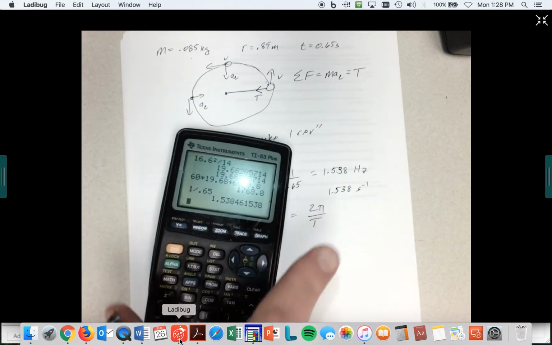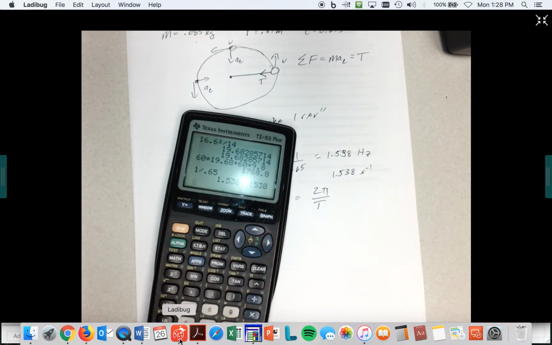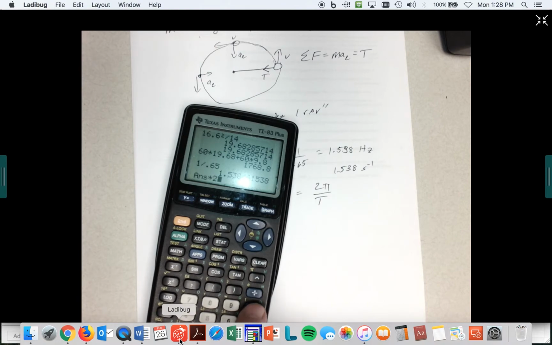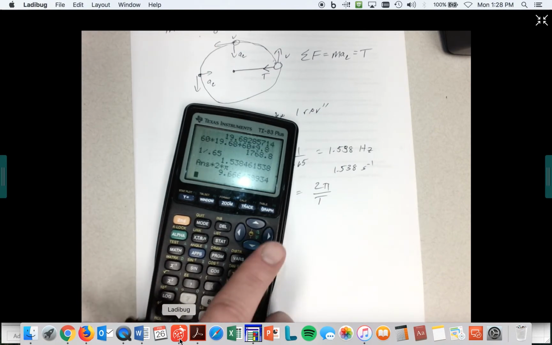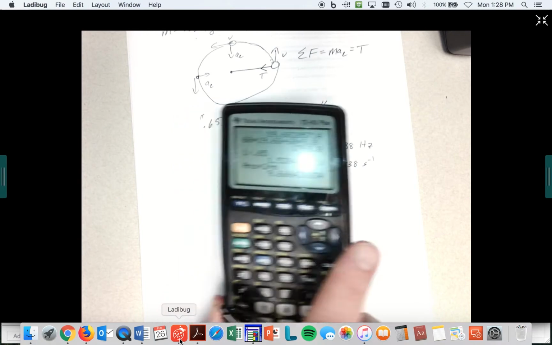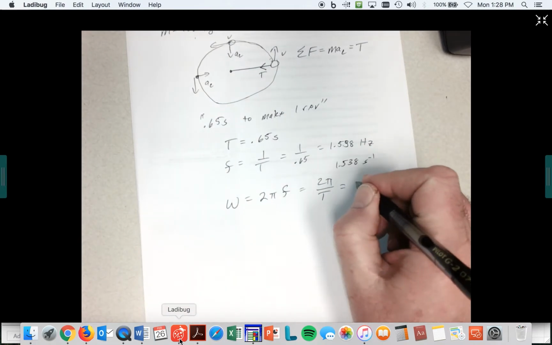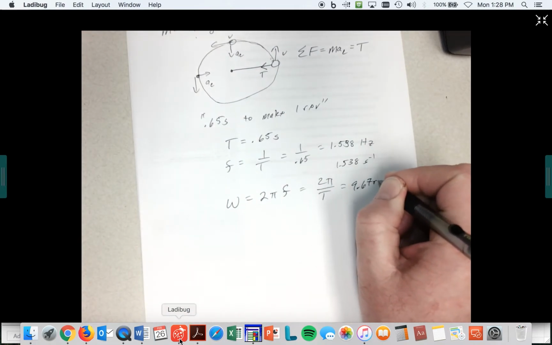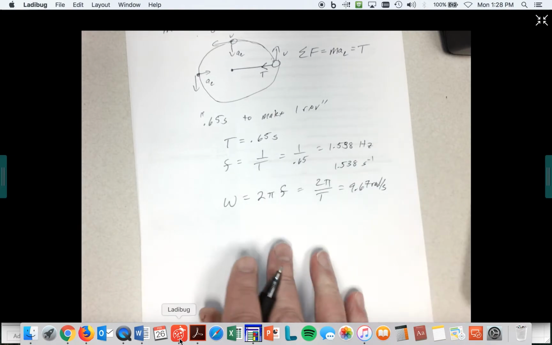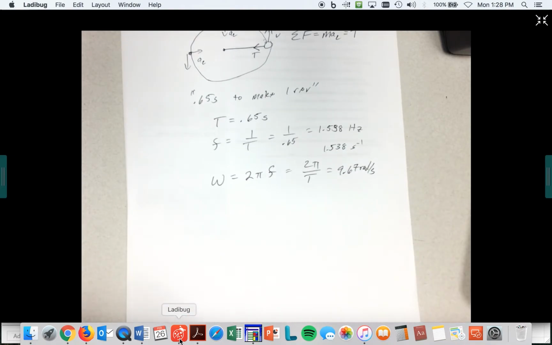So if I take my 1.538 for the frequency and multiply by 2 and by pi, I get the angular speed, which is 9.6666, let's call it 9.67 radians per second.